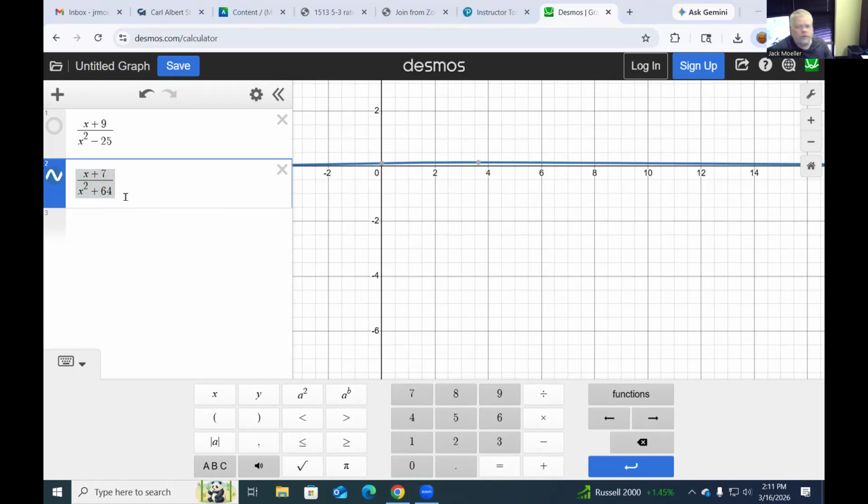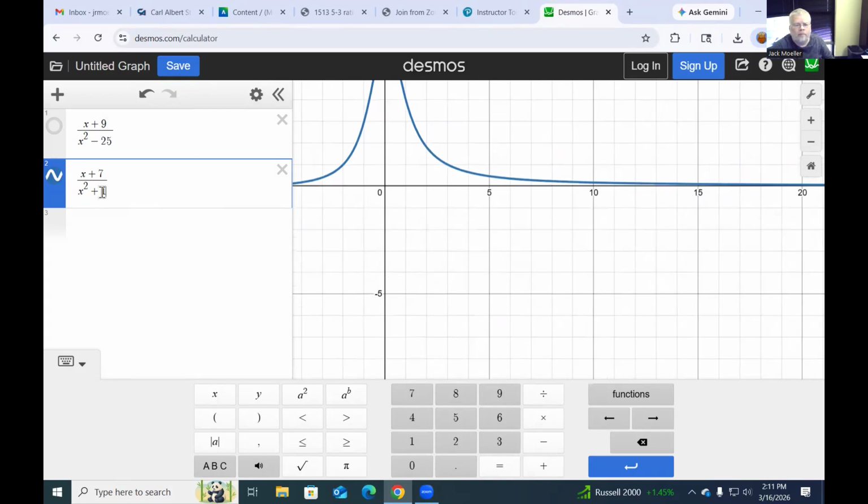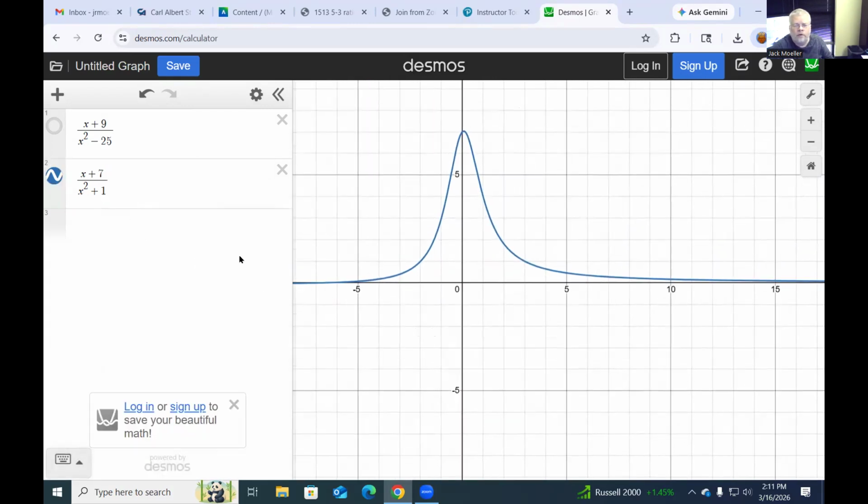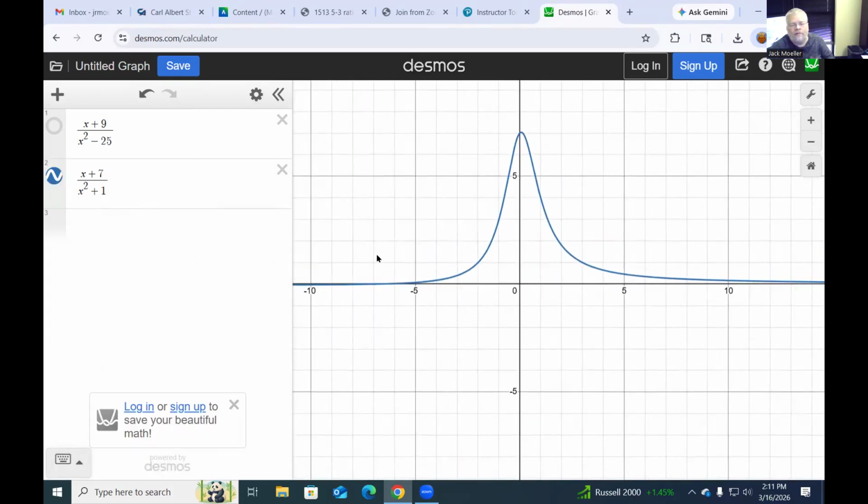Let me see if I can de-emphasize the flatness a little bit. I've put plus 1 instead of plus 64. When I first drew it, it jumped up, so you might think maybe it's vertical, but no. You get a parabola-ish shape, like a bell curve, if you've taken statistics.